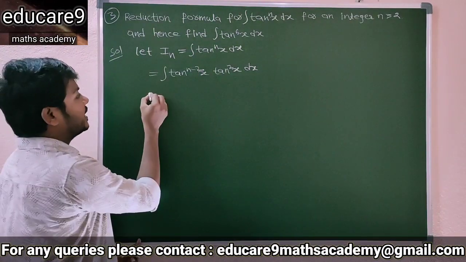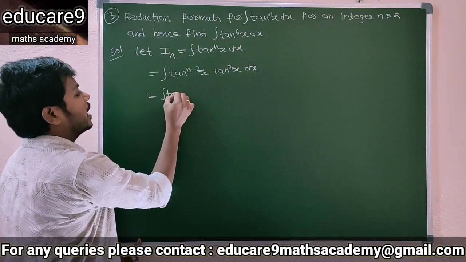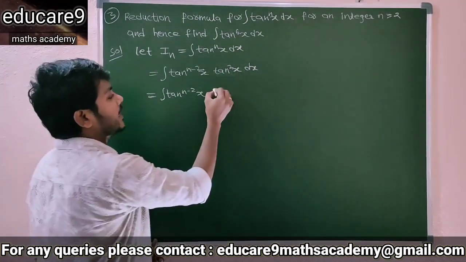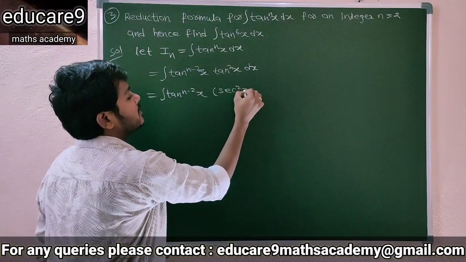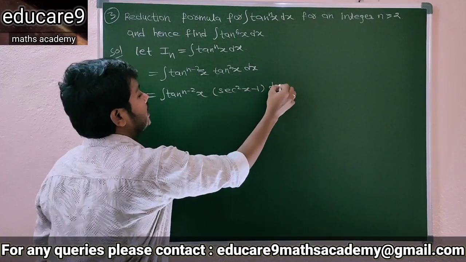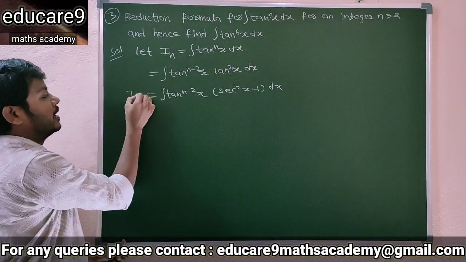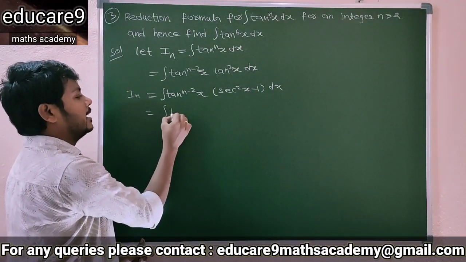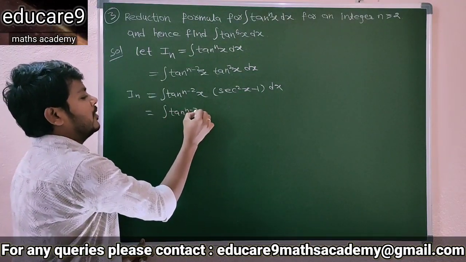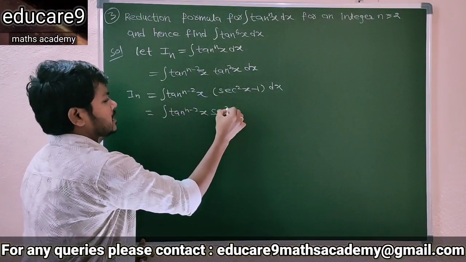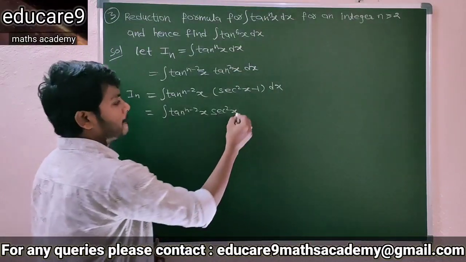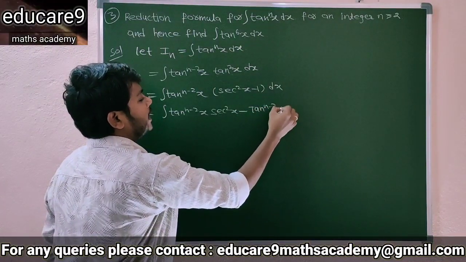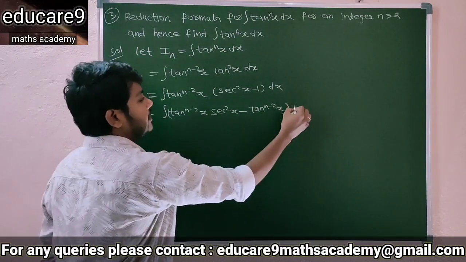Now this can be written as tan^(n-2) x into (sec^2 x minus 1) dx. So this is I_n. Now multiplying inside, what do you get? The integration of tan^(n-2) x sec^2 x minus tan^(n-2) x dx.